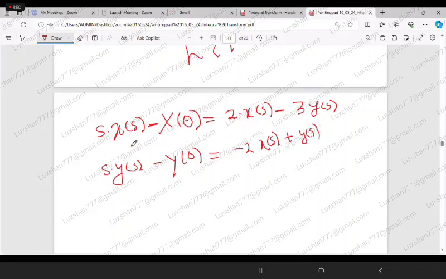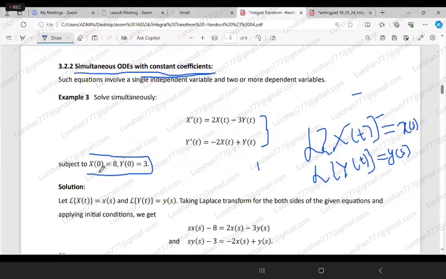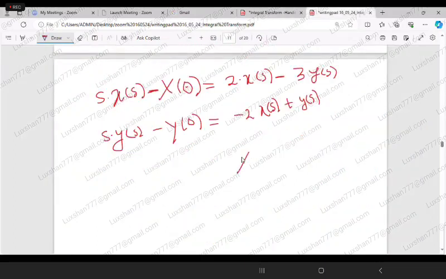So now we have two equations. In the question, we are given that x0 equals 8 and y0 equals 3.